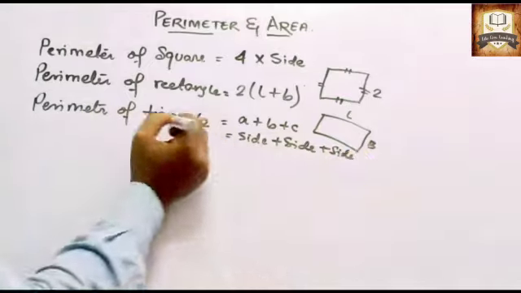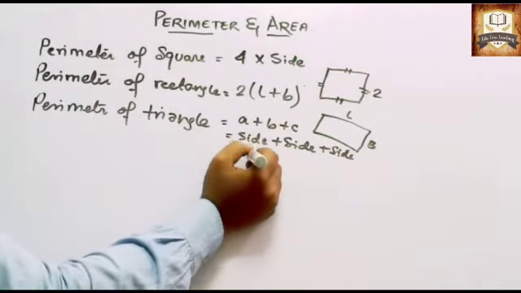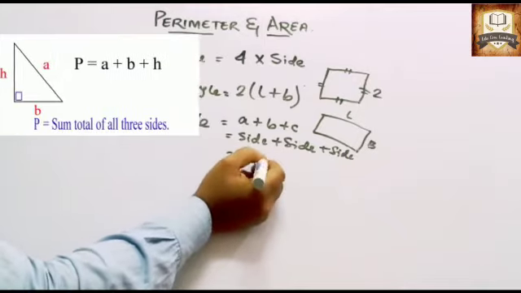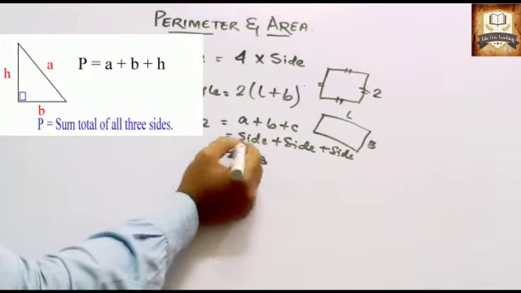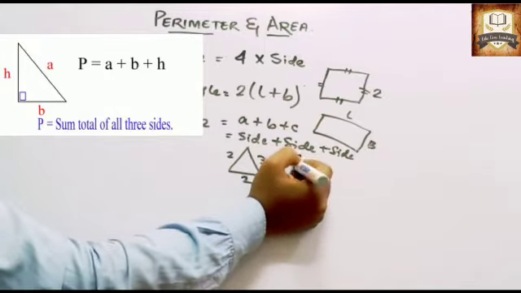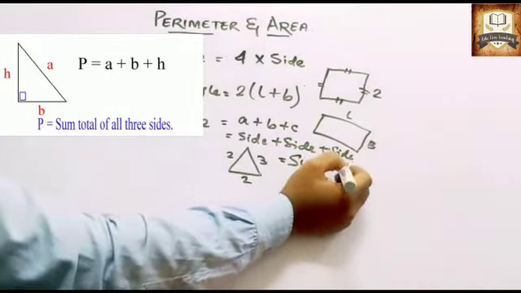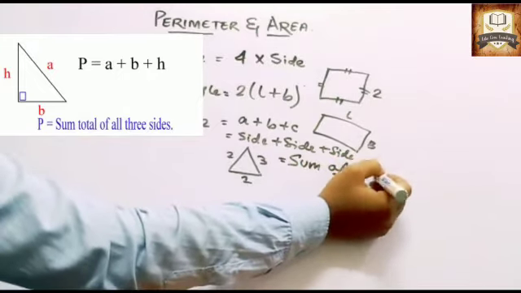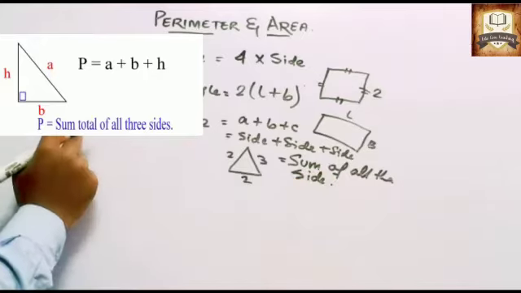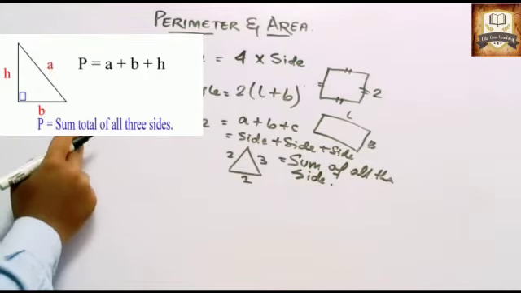Look at the example. These 3 sides, maybe it is 2, 3, 2. So we have to add, or we can say the sum of all the sides. So this is the formula for finding the perimeter of a triangle.